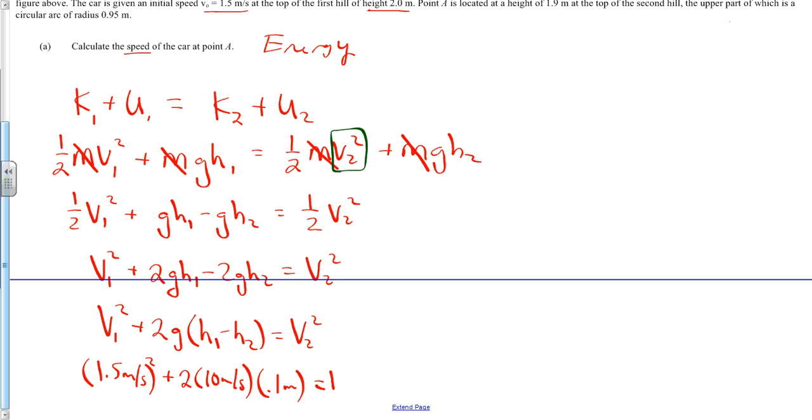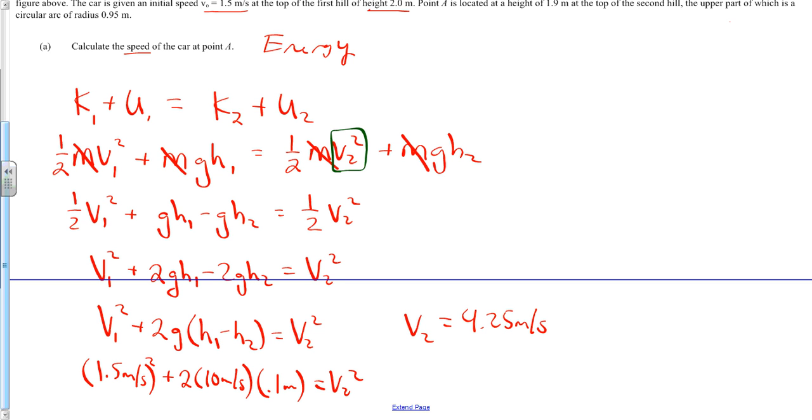So the velocity there: 1 times 2 is 2. 1.5 squared is 2.25, plus 2, is 4.25 meters per second squared.